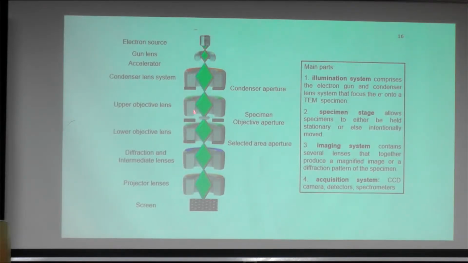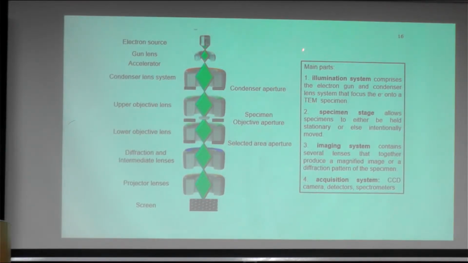The electron beam can be made either parallel or focused by the condenser lens system. Then the system brings it to the specimen, and then it goes further. Here you have some apertures like the objective aperture, then the selected area aperture for selected area electron diffraction, the projector lens, and the screen to observe your image.